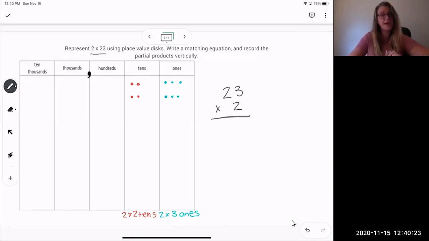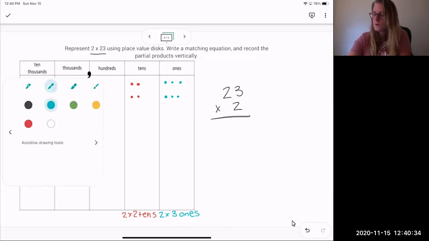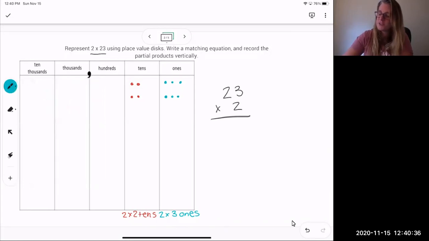And the best way to write a multiplication problem is by putting the larger factor on top, because it just makes it a little bit easier for us. So our first piece for our partial product that we're going to record is 2 times 3 ones. And I know, looking at my place value chart, that 2 times 3 ones is going to equal 6 ones, which is equal to 6. So this is 2 times 3 ones.